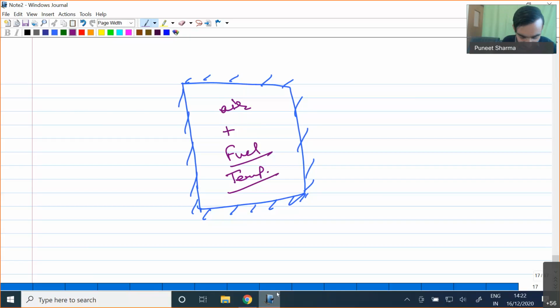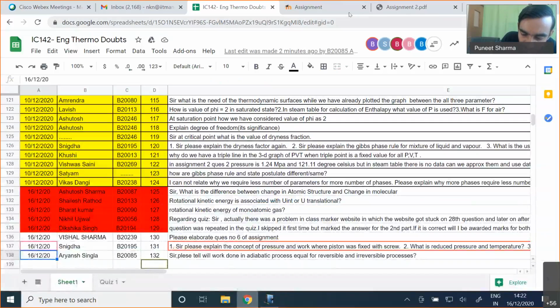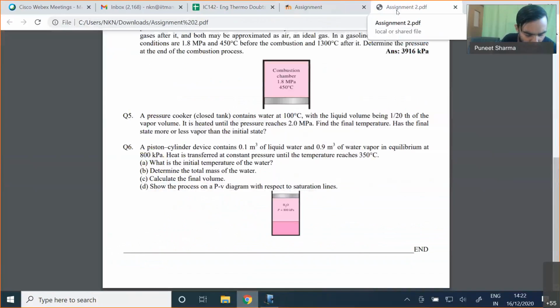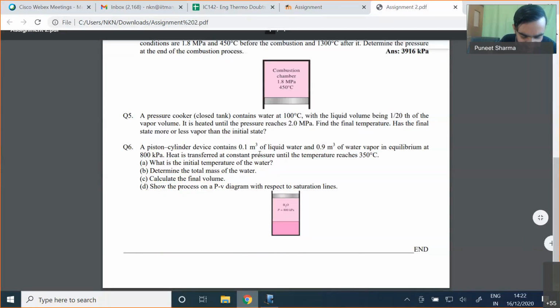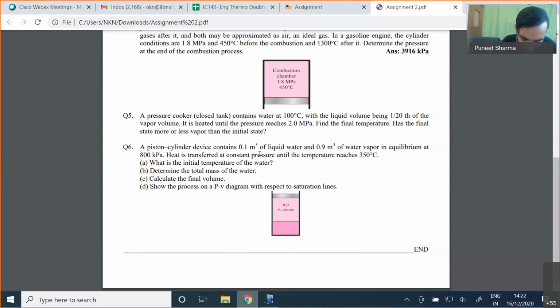So now let me take up this particular question, which is based on assignment number 2, and the question is written over here. Can you all see my question? I have just now opened it. The question is, a piston cylinder device contains 0.1 meter cube of liquid water.